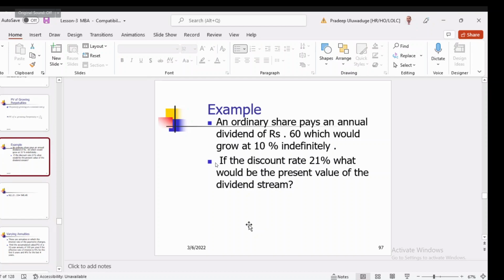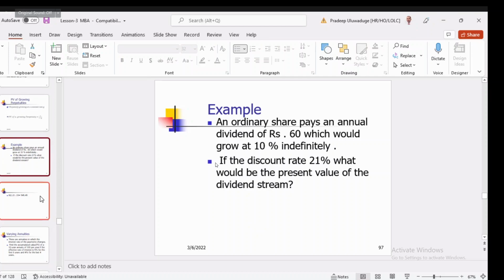So 60 is equal to C, the cash flow, and R is 10%. Sorry, no, G is 10%, which will grow at 10%, and R is 21%, right? So what will be the present value of the cash flow stream? 60 divided by 21 minus 10.